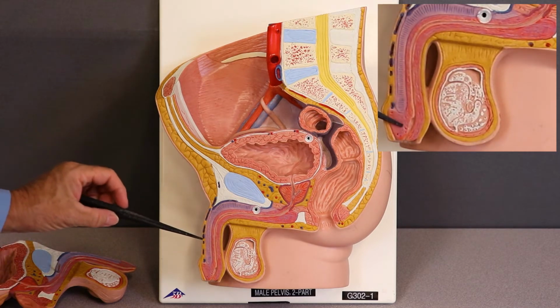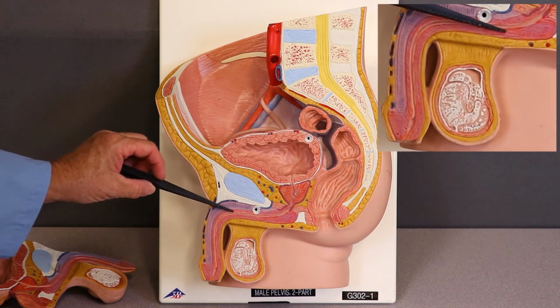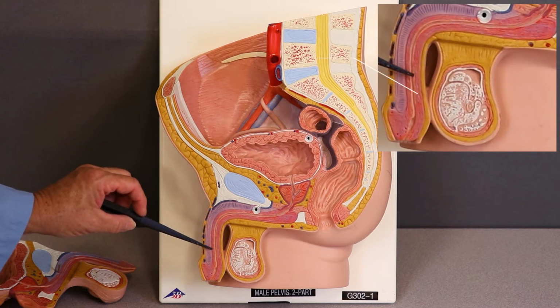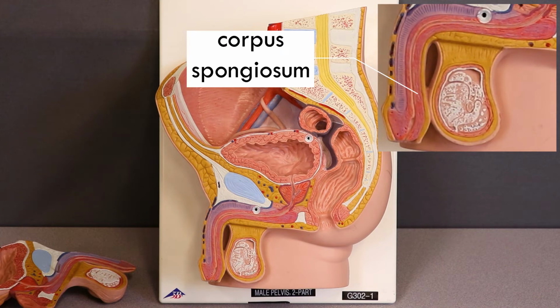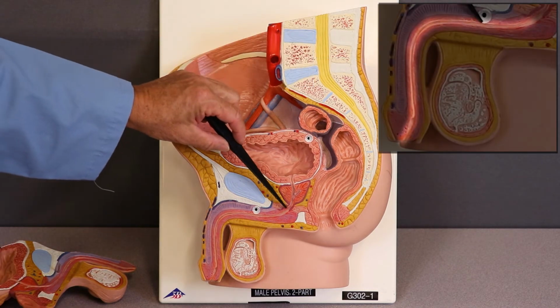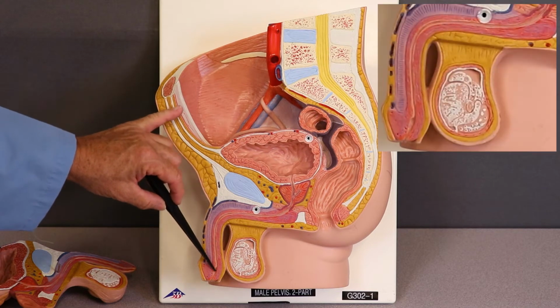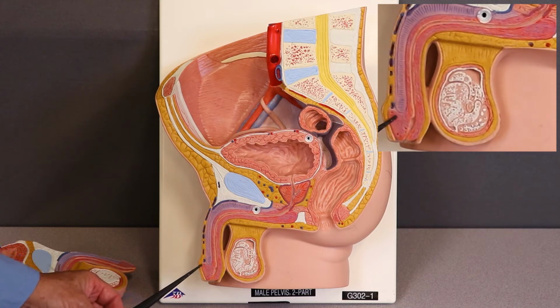So this erectile tissue here on either side of the urethra is called corpus spongiosum. And so therefore this urethra is often referred to as the spongy urethra. Okay, and as we mentioned before, the glans is kind of a continuation of the corpus spongiosum.